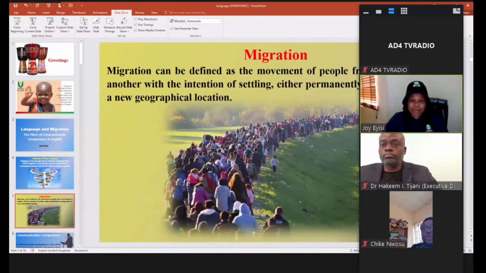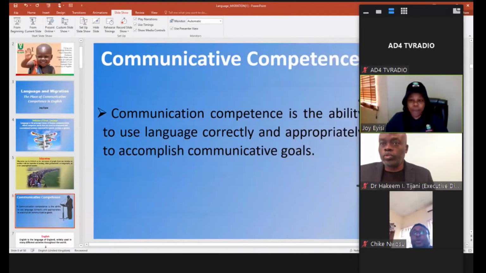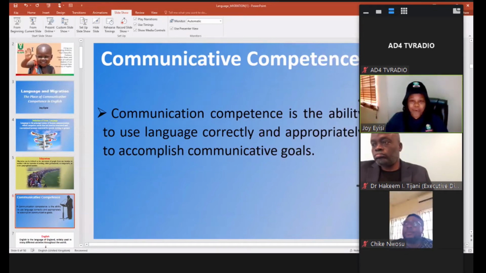Communicative competence is the ability to use language correctly and appropriately to accomplish communicative goals. The English language is the key.